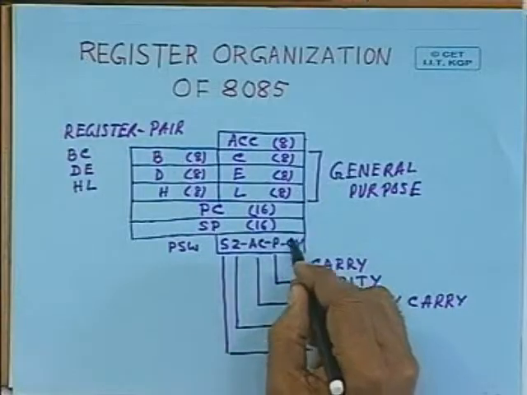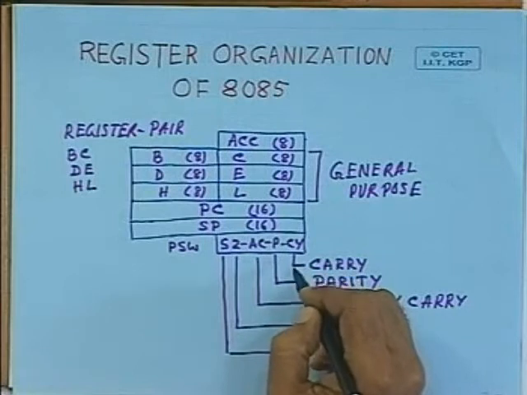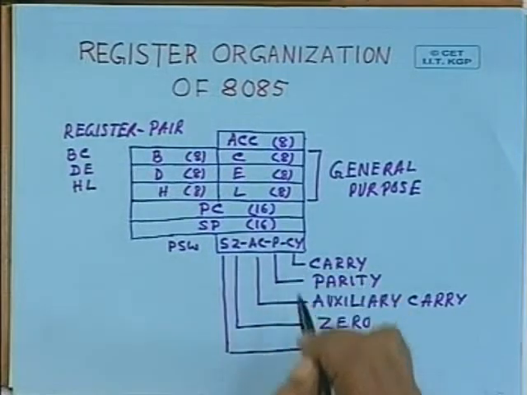Normally, this carry flag bit is modified as the outcome of an instruction execution. Whenever you perform addition or subtraction, this carry flag bit is modified based on whether there is a carry or not.